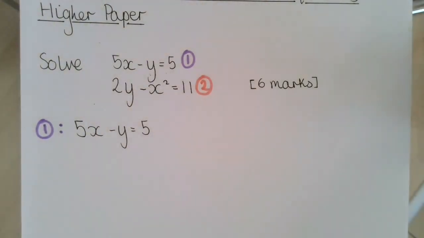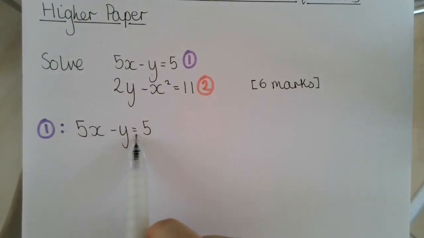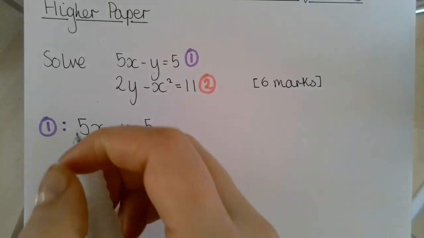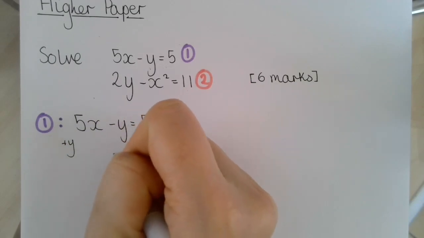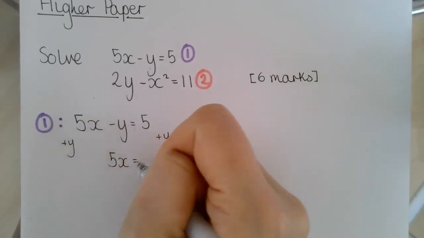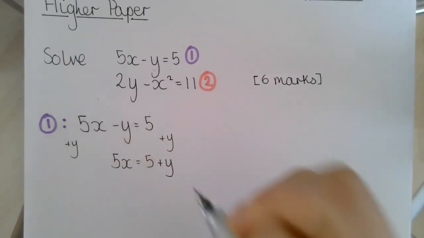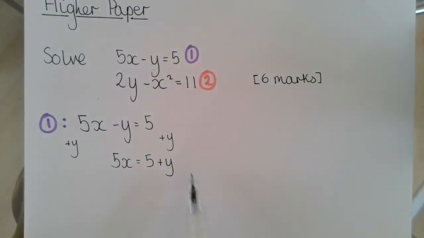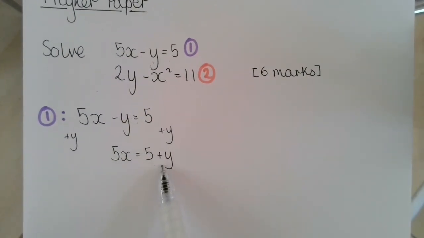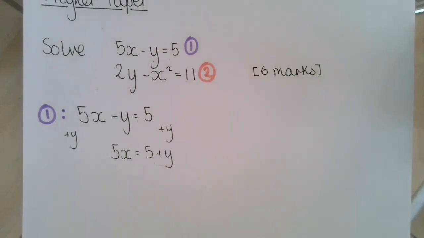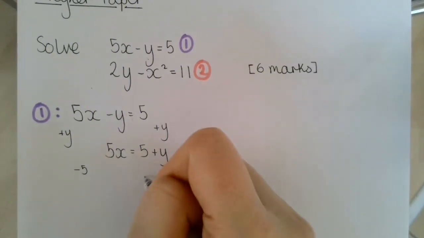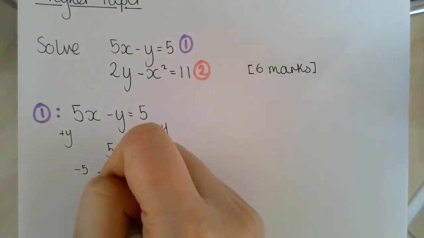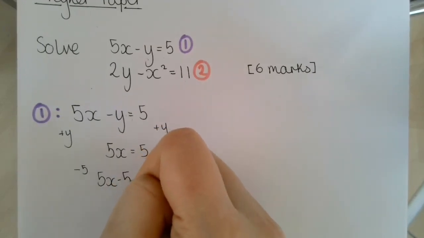If I start by adding y to both sides so that we get a positive y on the right hand side, I get 5x equals 5 plus y. Now here I've got 5 plus y on the right hand side. I said before I just want it in terms of y. So I'm going to subtract 5 from both sides and I get y equals 5x subtract 5.